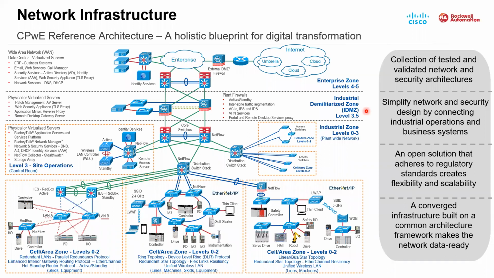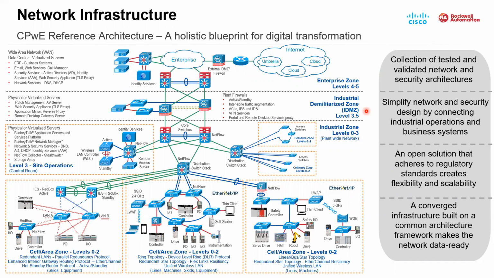This is a representation of what you can do on the plant floor. We're bringing the plant floor through the cell area zones at the bottom, up into the industrial zone and into the enterprise zone through an IDMZ, or industrial demilitarized zone. So, just a nice representation of what you can do.